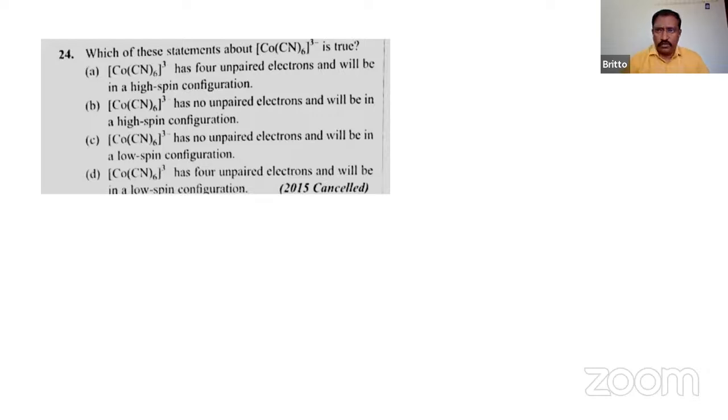Otherwise you have to go back and forth to see where it is given, and that's a waste of time. So it's better to remember the easy numbers. It's not so complicated. If you remember the order: scandium, titanium, vanadium, chromium, manganese, that is 21, 22, 23, 24, 25. Manganese 25, chromium 24, and then iron, cobalt, nickel are 26, 27, 28, and then copper 29, zinc 30. So it is easy.